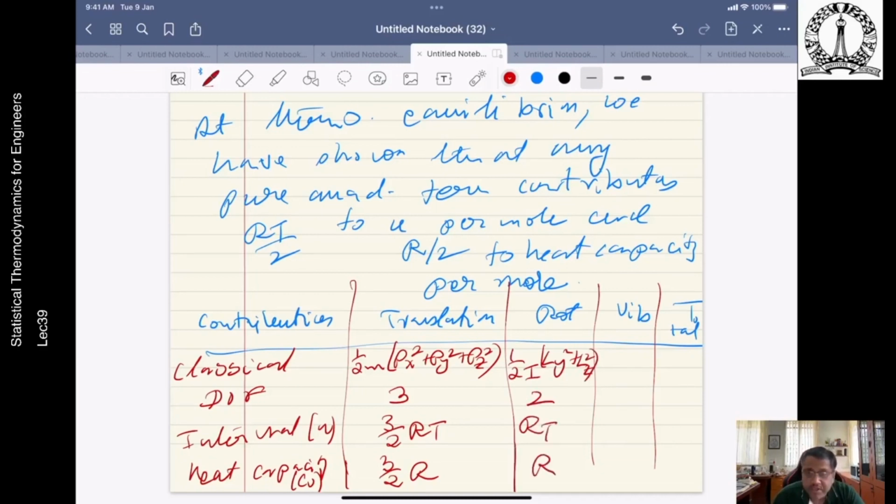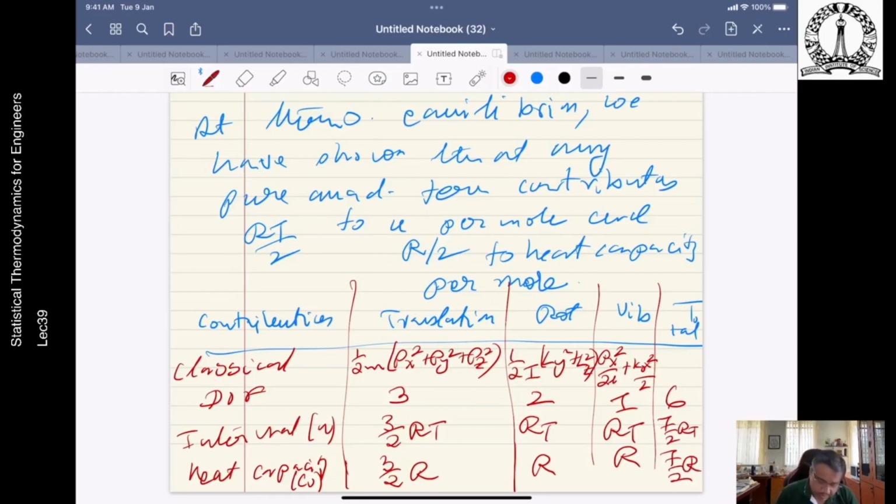And the vibrational contribution is x dot squared by 2 mu plus k naught x squared by 2, so another RT. The total contribution would be 7 by 2 RT, so 7 by 2 R.